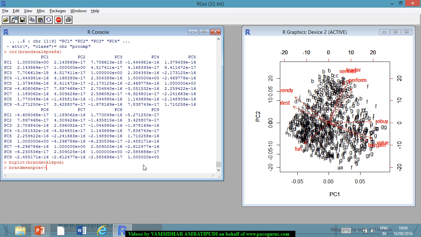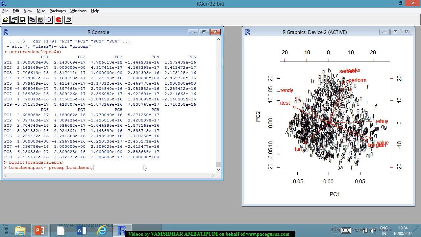So I'll first do a prcomp on brand mean. But first of all, I need to do a rescaling because mean need not be a scaled value. So I don't want to take the values as they are.